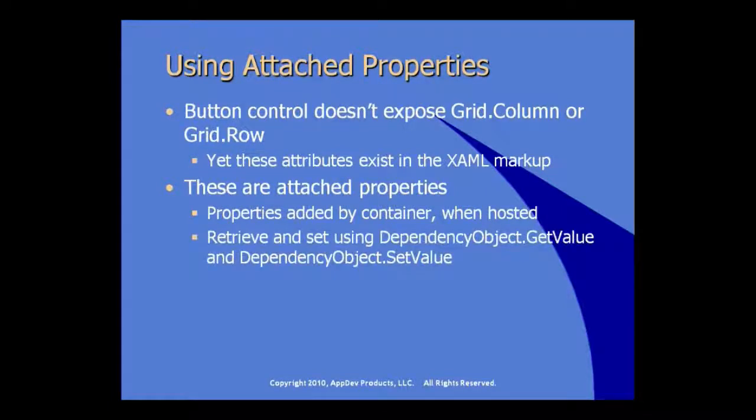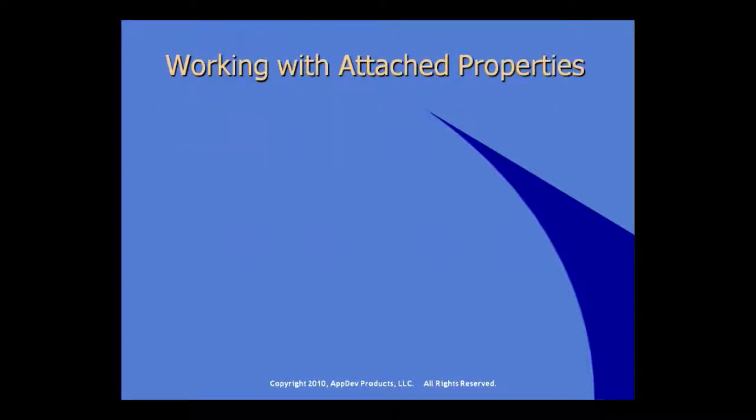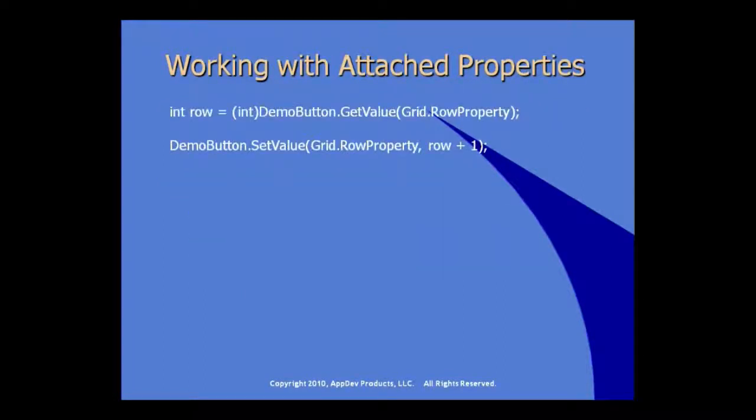And you retrieve and set those properties using the dependencyObject.getValue and dependencyObject.setValue methods, just like the code you saw in the previous slides that showed how internal code does this. In order to retrieve information about the grid.row property of a button, you might write code like this. We declare a variable row as an int, and we're going to call the demobutton.getValue method.